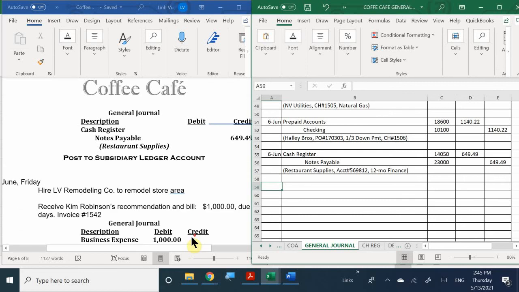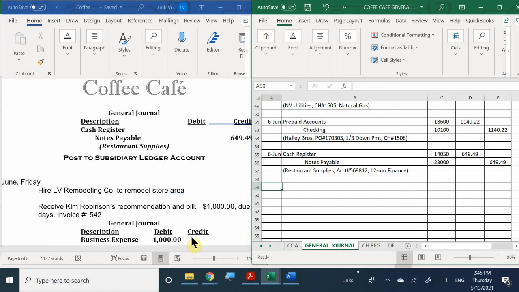However, the next portion is going to be, upon that, Kim Robinson decided to send us her bill, saying, well, this is my recommendation. This is what I charged you because I came to your store and I consulted you on how to design your store.